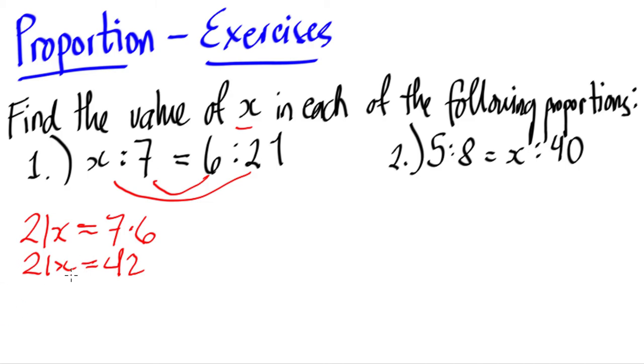And then we're going to isolate the x to get its value, since we're asked to find the value of x. So we need to divide the whole equation by 21, since 21 is the coefficient of x.